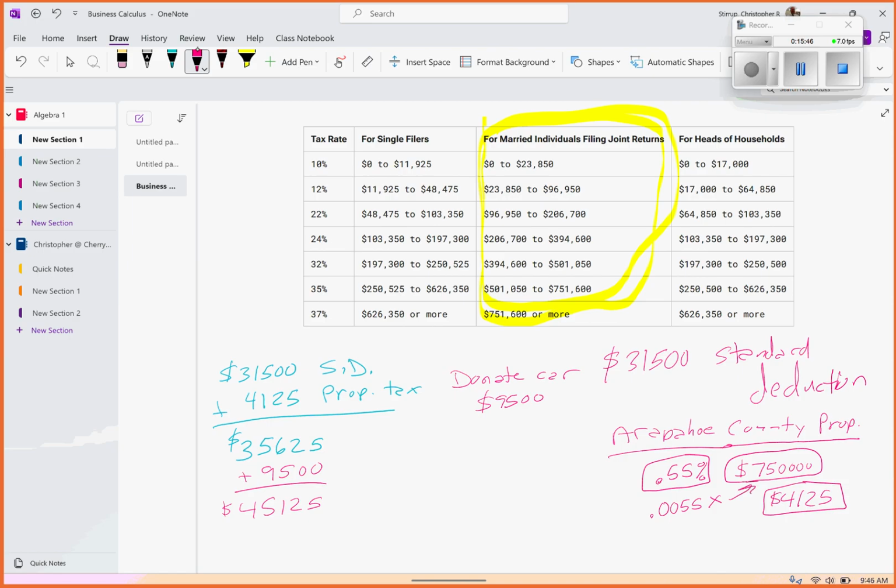Now, there's one last place that I want to talk about, and this will play into Friday's lesson next week. There is something called a health savings account. Okay? And a health savings account is for medical insurance accounts that have a large enough deductible that a health savings account would qualify.